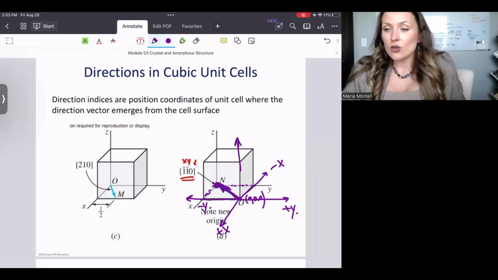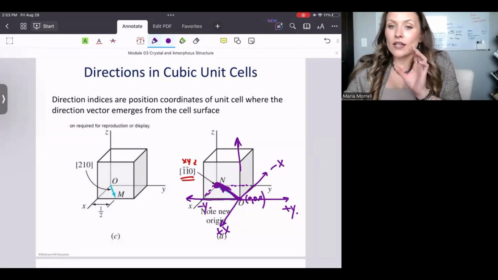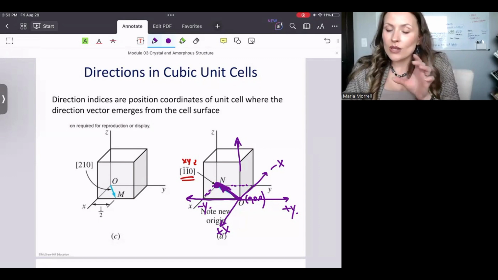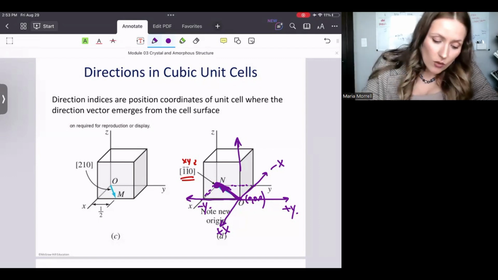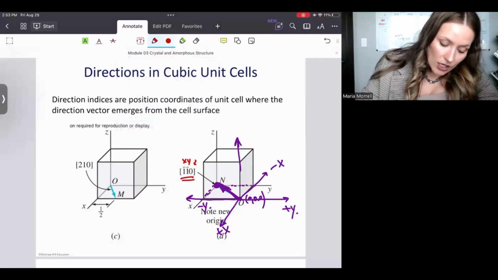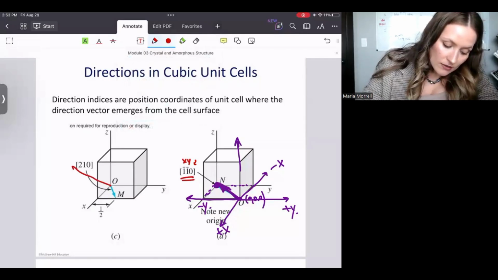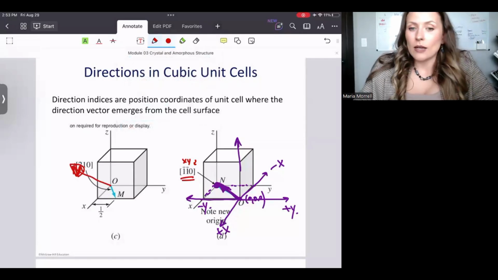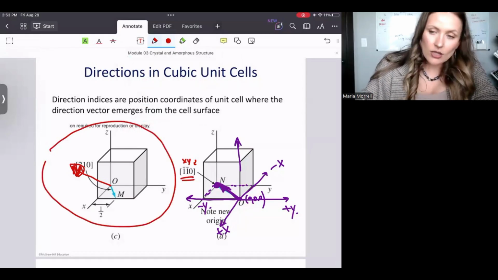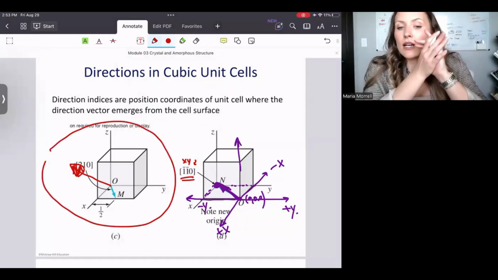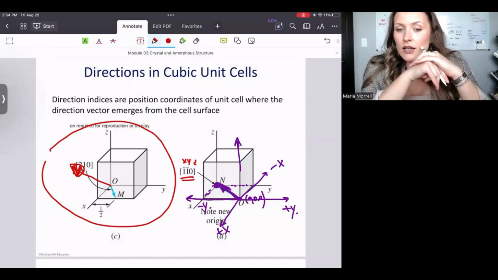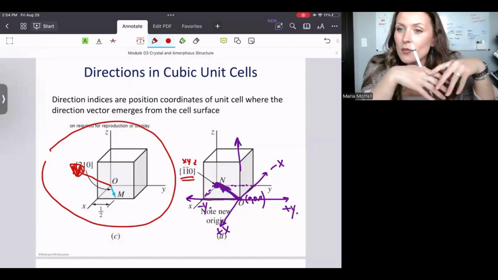But regardless, something that you have to keep in mind, and the instructions in your homework will say that the direction must be within the cell boundaries. So once again, you can't submit something like this. Okay, and I include this entire sketch because your direction vector is not within the boundaries, right?